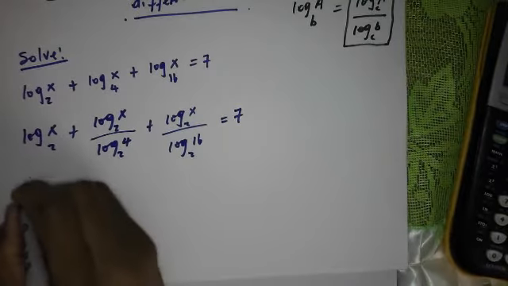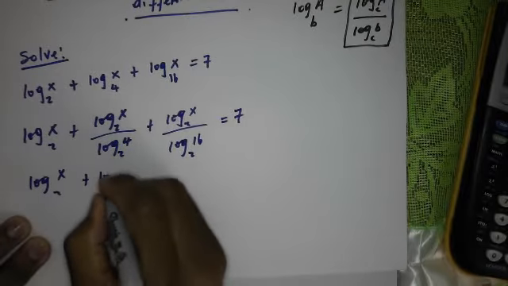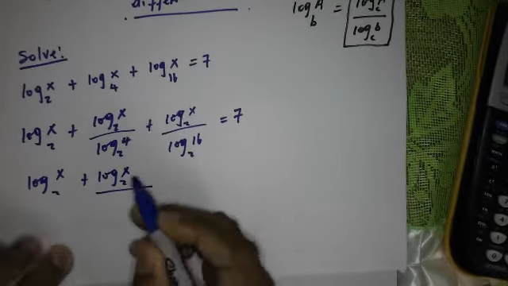Okay? Alright. So log x base 2 plus log x base 2 divided.